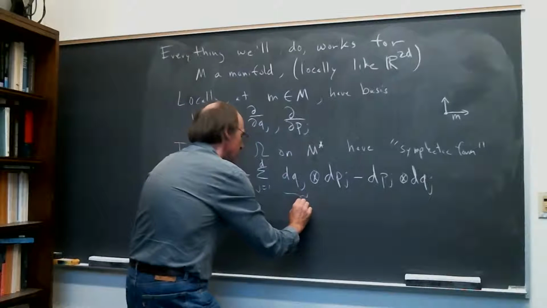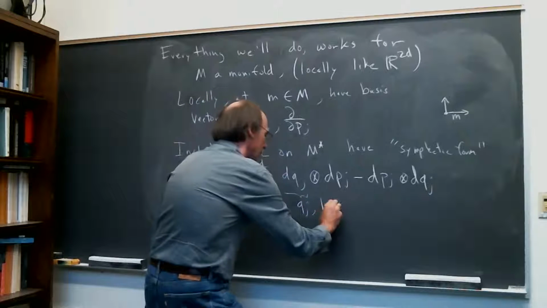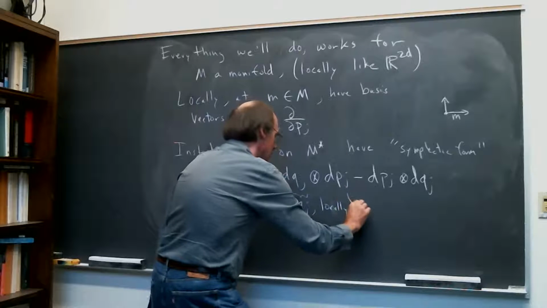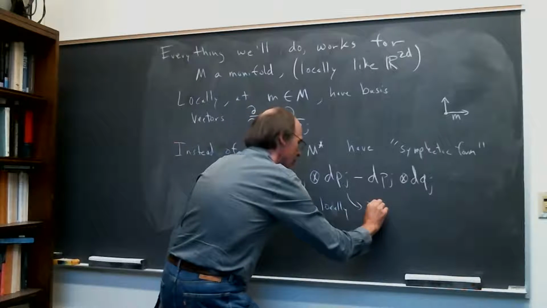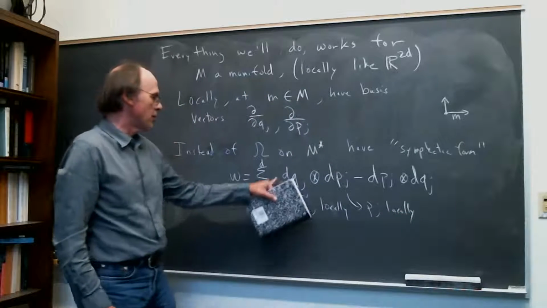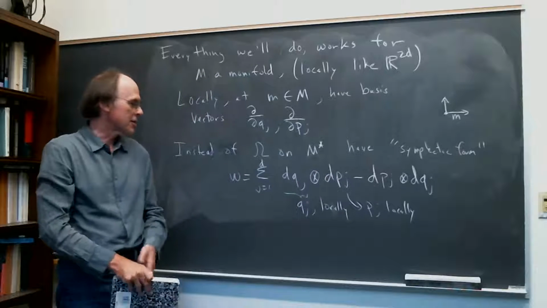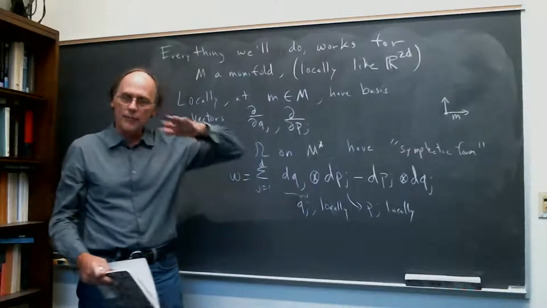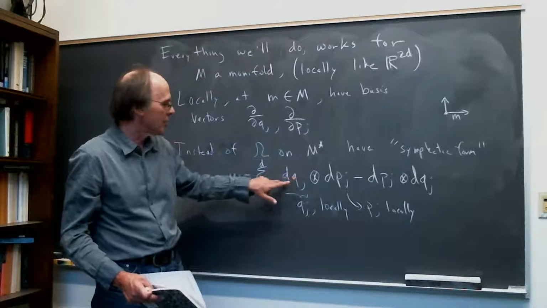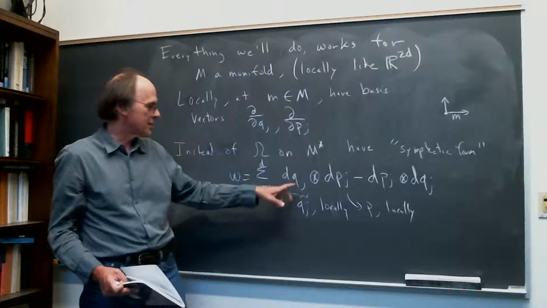This is just q_j, but locally, and this is just p_j. Putting a d in front of these means you're working on the tangent space, and these are called differentials. But you should think of all this as just this locally.